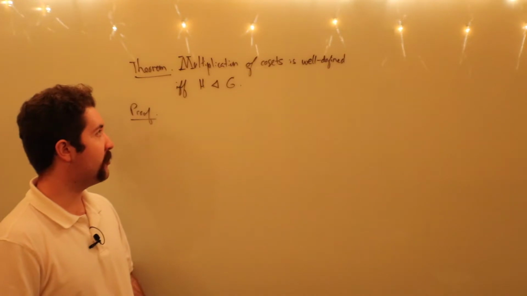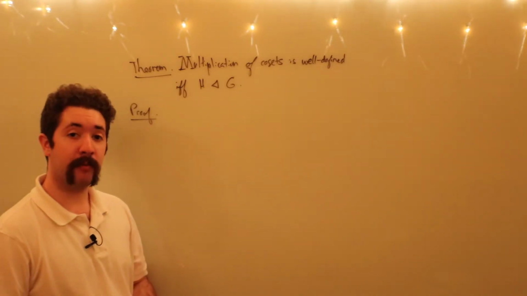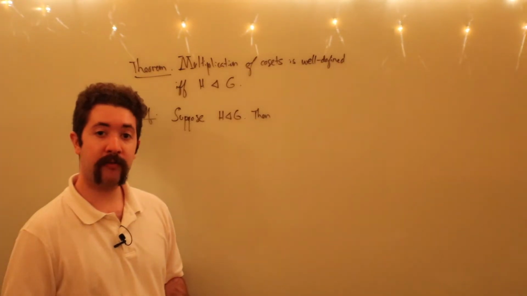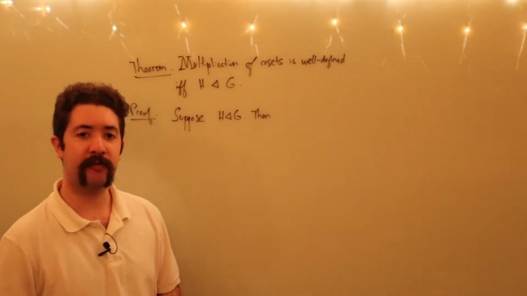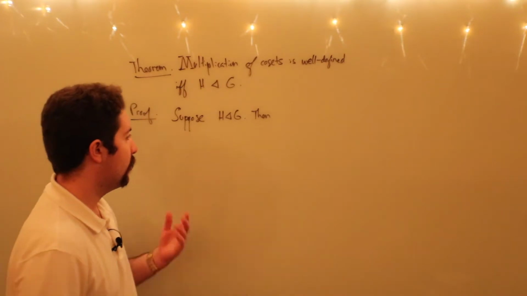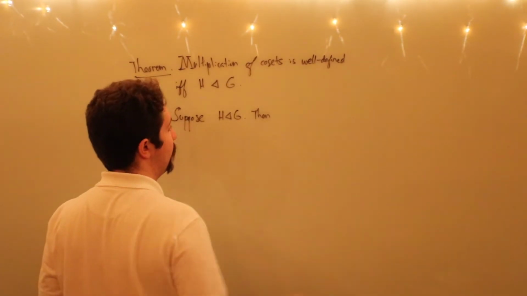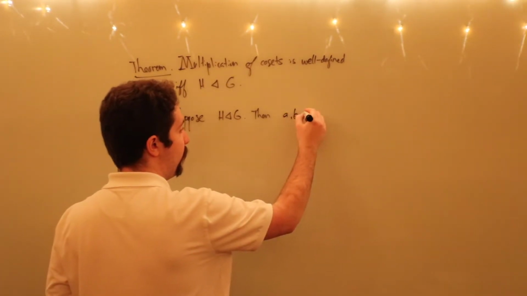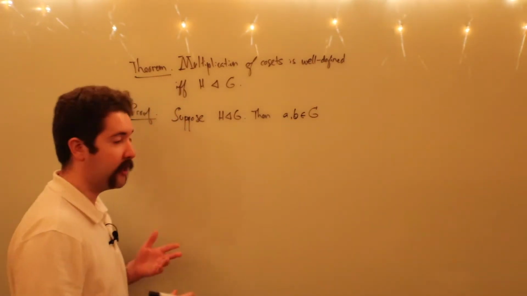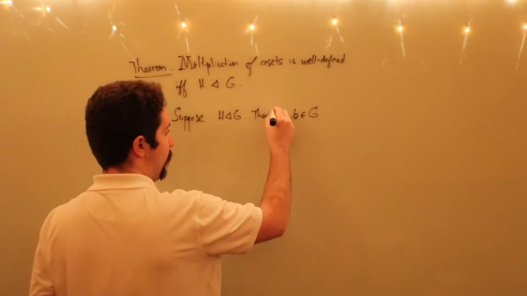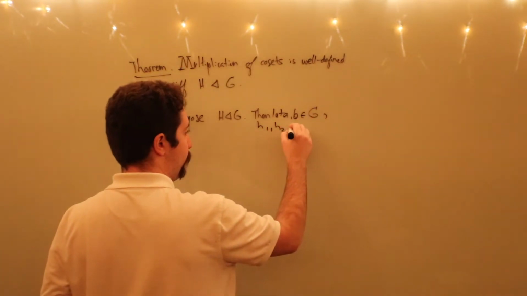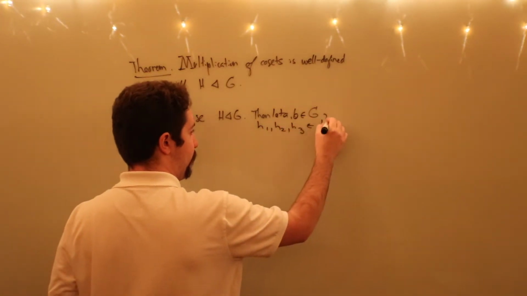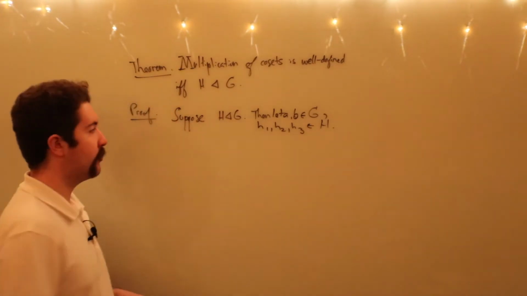So only if H is a normal subgroup of the group G. So first let's go this way and suppose H is a normal subgroup of G. Then if we have elements A and B, which are just arbitrary in the group G, and let's select H1, H2, and H3 to be arbitrary elements of the subgroup H.